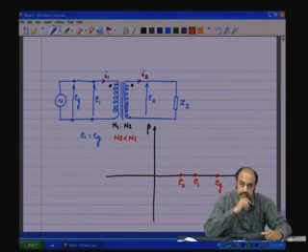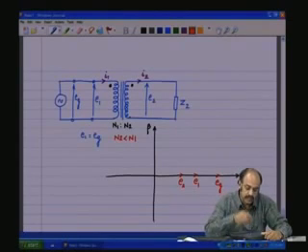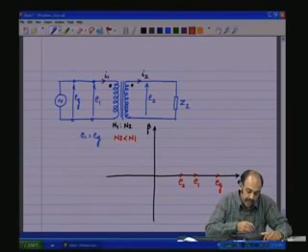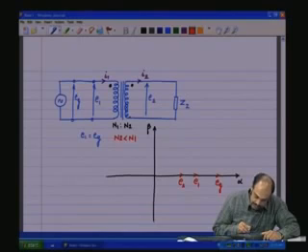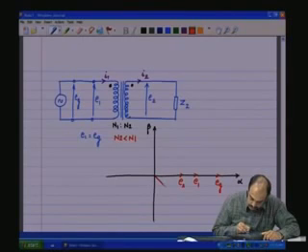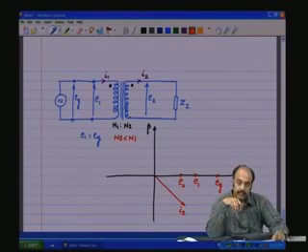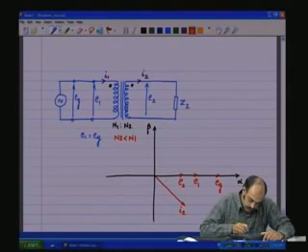Now let us say that Z2 is a lagging power factor load, that is an inductive load, which means I2 has to lag E2. So let us have I2 lagging E2 by some angle theta.